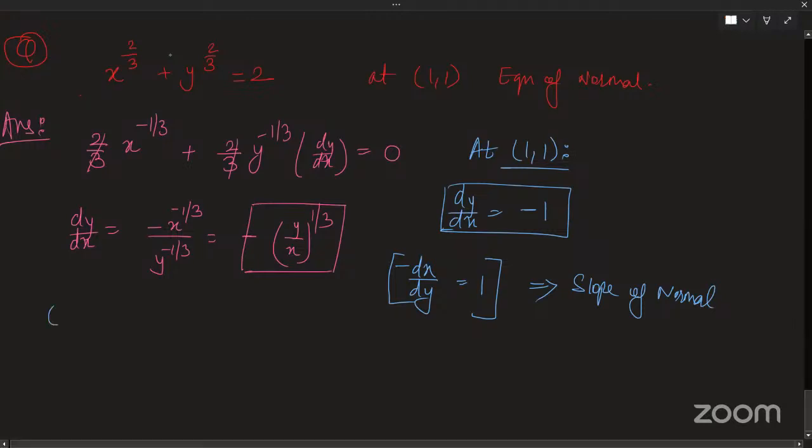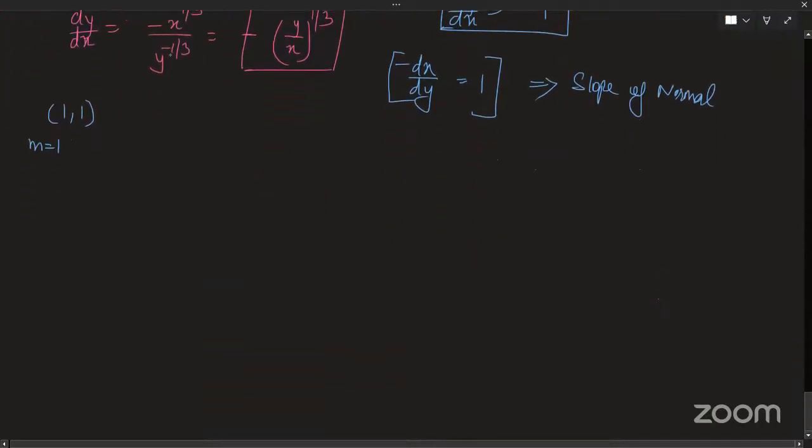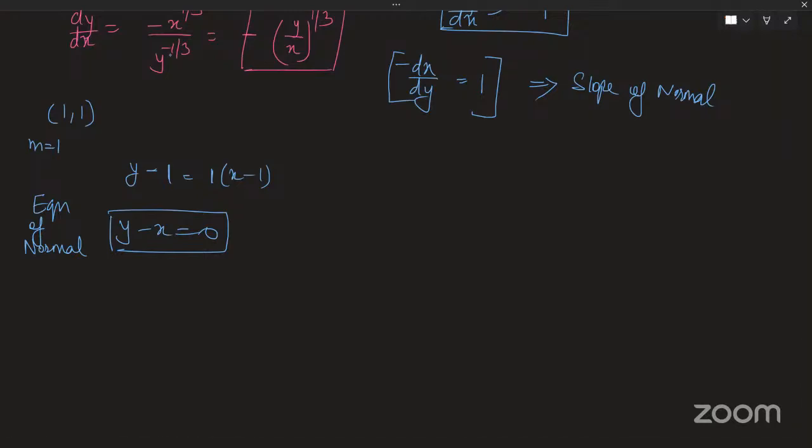So I know the point at which I have to calculate and I know the slope is 1. So y minus 1 is 1 times x minus 1. So y minus x is 0, or x is equal to y, is the equation of normal. Got it, everyone?